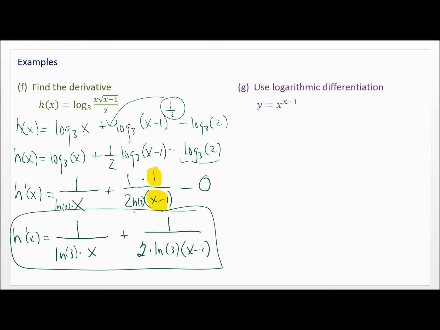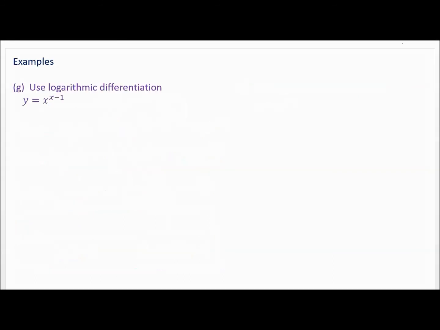Okay, and then the last problem, I decided I needed more room on this problem. So notice the directions here say use logarithmic differentiation, and I want to explain to you why. Notice that this is the first problem that we've ever seen in class where the base is a variable and the exponent is a variable.